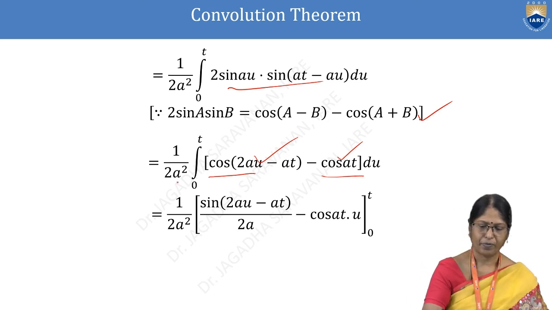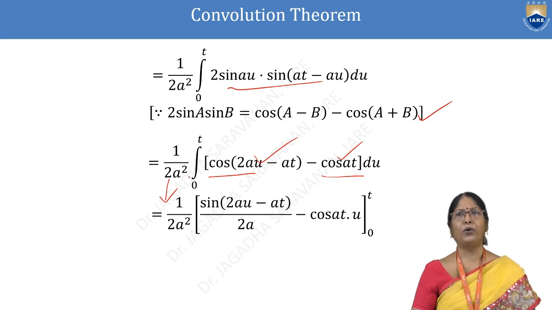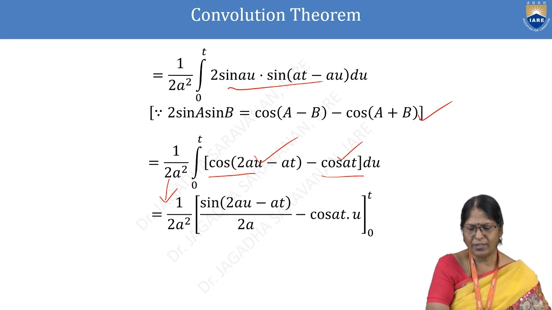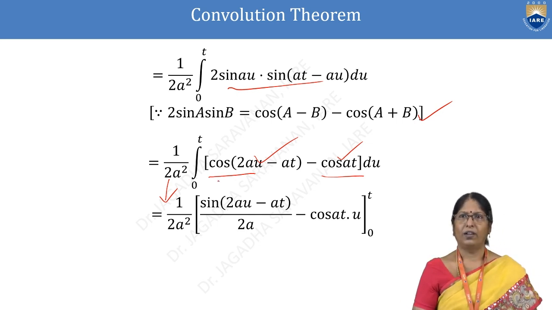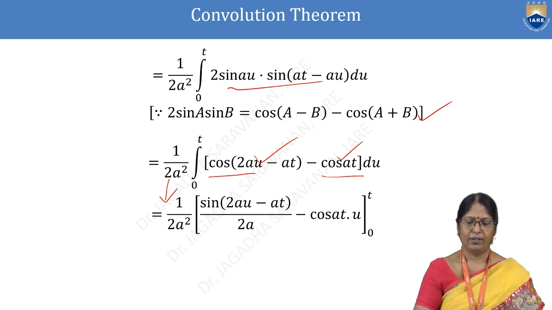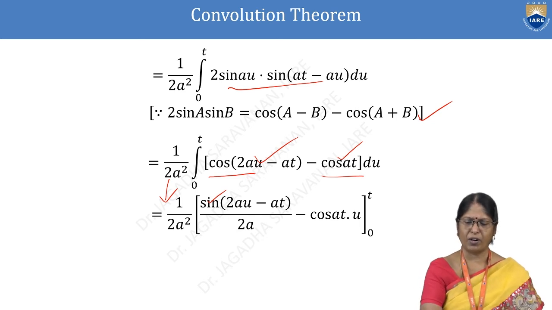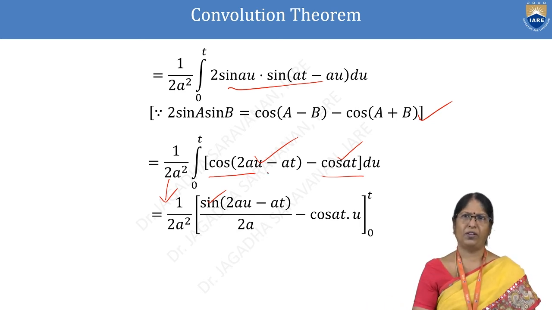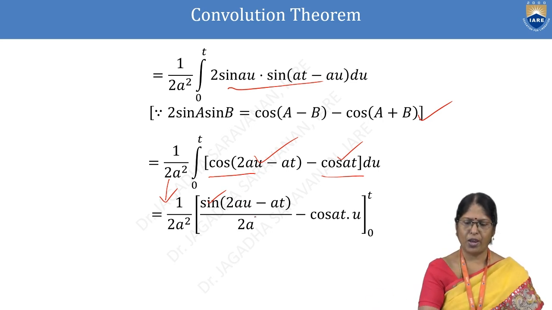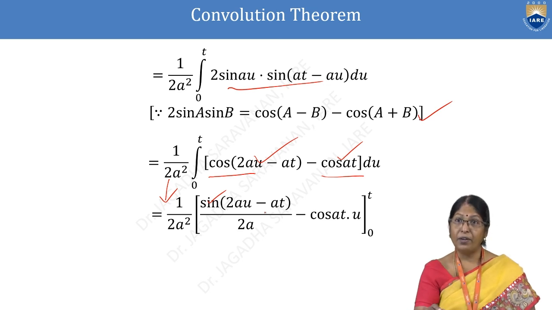Yeah, fine. Now 1 by 2a square, the integral of cos of some term, because the trigonometric function cos is expressed as 2au minus at. First cos, we will write 2au minus at, divided by, we are doing the integration.